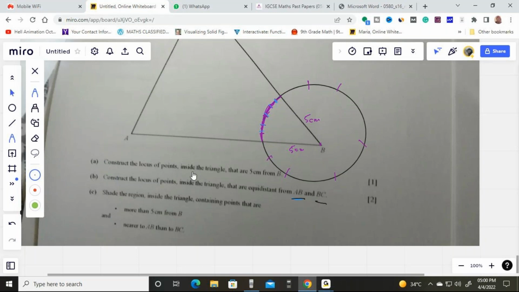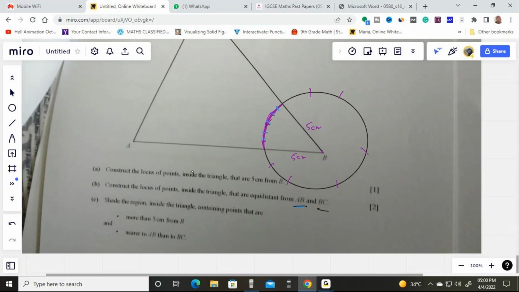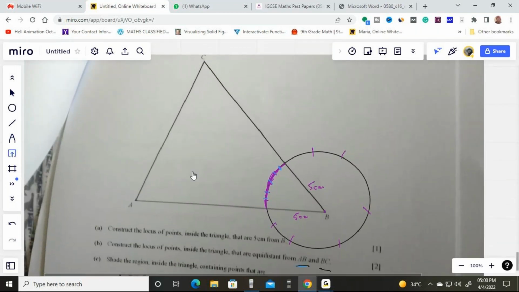So at the intersection of these two lines AB and BC, I have this angle. Draw the bisector of this angle. Draw the angle bisector and just show it up. Not the perpendicular bisector, because a perpendicular bisector of the line segments AB and BC is not going to satisfy this condition.